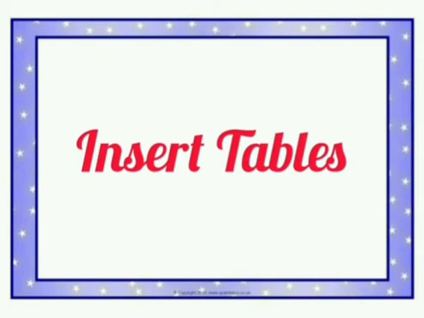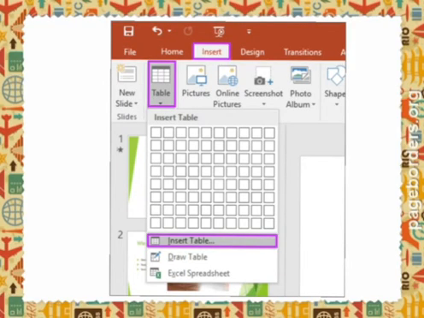Steps to insert a table. First, click on Tables in the Insert tab. Then, a drop-down list appears. Select the number of rows and columns by dragging the mouse over the grids. Then the table will be inserted in the presentation.